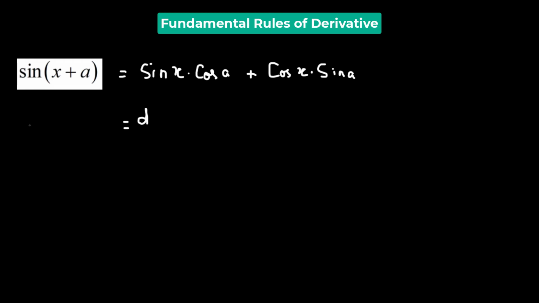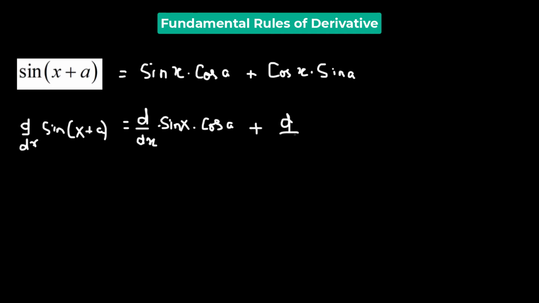So we have d/dx of sine of x plus a, and that will be simply equal to d/dx of sine of x times cosine of a plus d/dx of cosine of x times sine of a.